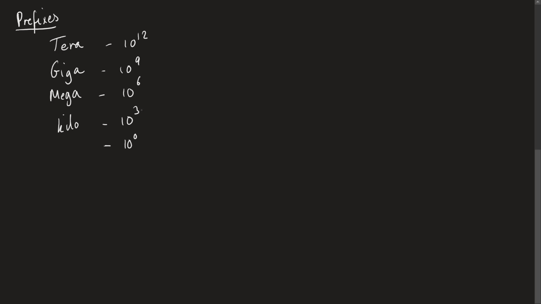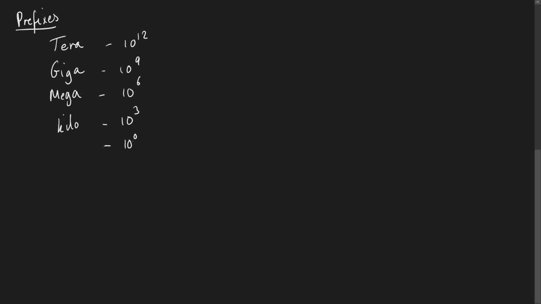Now notice these are actually always going up in threes. So it goes from 10 to the 0, 10 to the 3, 6, 9, 12. We could go further than this, but you'll find that generally we'll stop at gigameters or giga coulombs or giga, whatever it is. But we could also go much smaller than this.